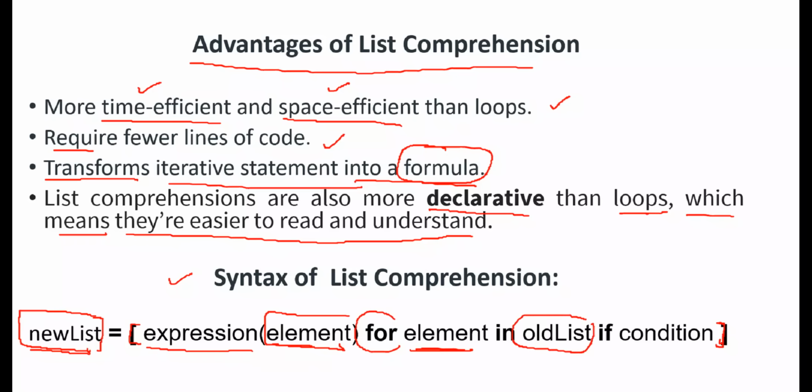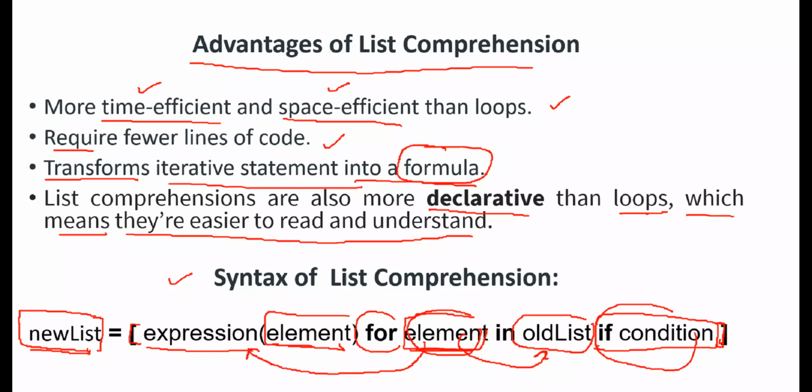So here you are taking the element from the old list, and if you want to check a condition on the element, here I am writing a condition. After passing this condition, if the condition is true, then the element which I picked up from the old list will be sent to this expression.